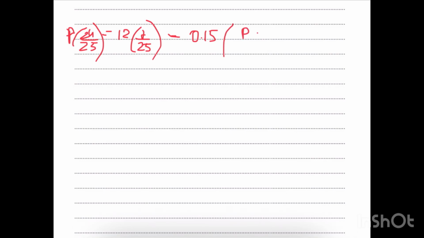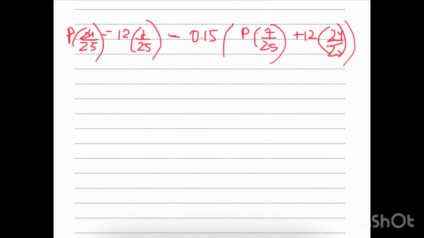So that will become P cos theta, and we know that cos theta is 24/25, is equal to 12 sine theta, and sine theta was 7/25, minus friction, and we found the value of friction to be 0.15 times P sine theta, incorporating the value of sine theta again, plus 12 cos theta, so 24/25.